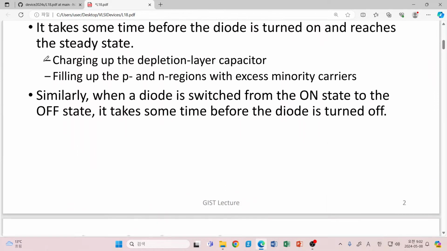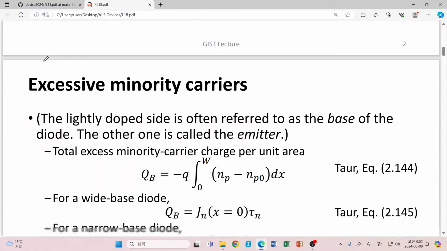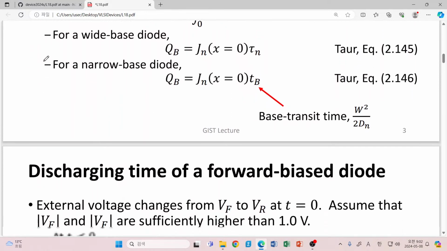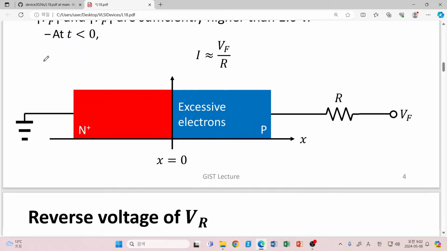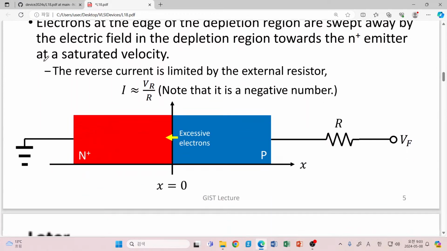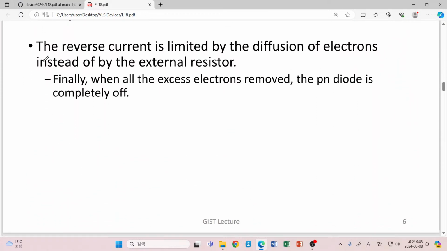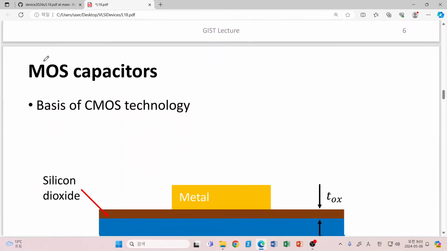The first one is time transient behavior of a PN junction, but I feel that it's time to start the discussion about MOS capacitor. So first, after finishing these contents, if time allows, I will cover the first one, and if time does not allow, then please read the contents by yourself.